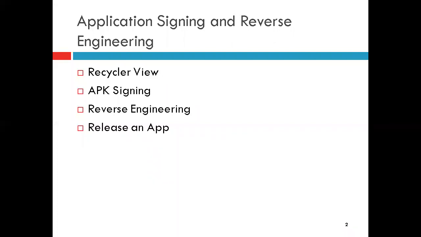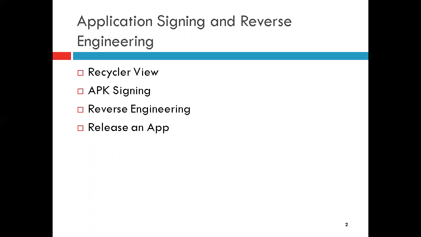So we'll talk about APK signing. APK signing is one of those things that are normally pretty easy, but if you want to do something a little bit complicated, then sometimes there's so many options, so many different things that you can do with Android Studio, it can be a little bit overwhelming. So we'll have a look at the normal use case, and then have a look at perhaps what happens when you want to sign, say, for example, a Google Maps application.